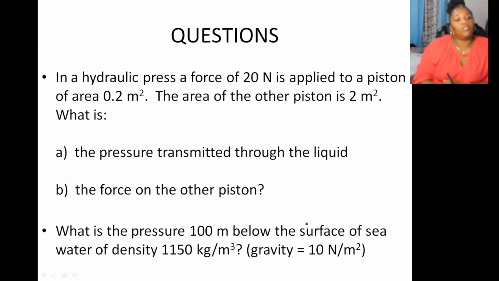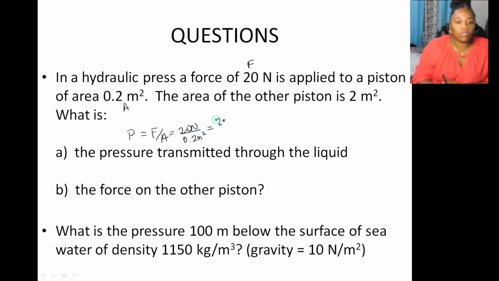Now it says in a hydraulic press, a force of 20 newtons is applied to a piston of area 0.2 meters squared. The area of the other piston is 2 meters squared. What is the pressure transmitted through the liquid? We have force and we have area. Pressure would be force over area, equals 20 newtons over 0.2 meters squared.